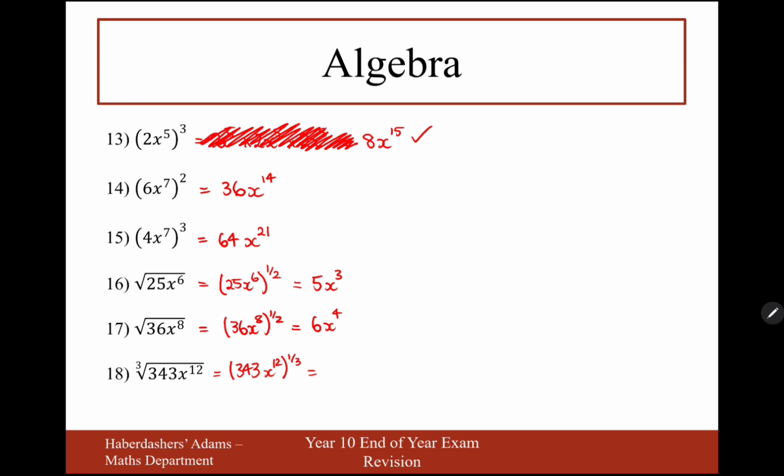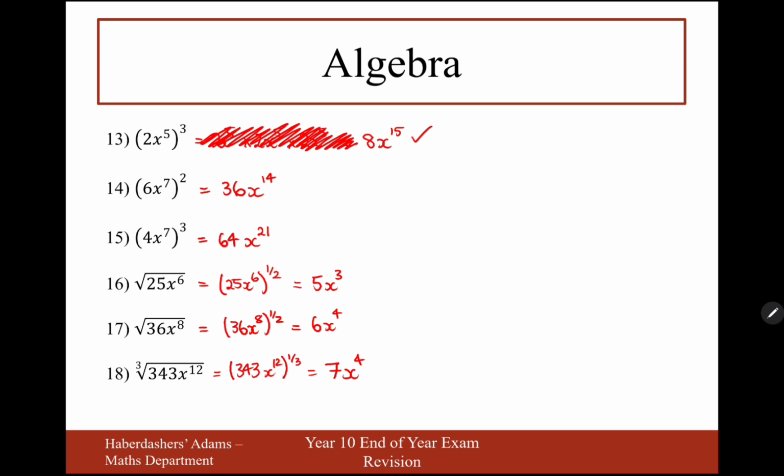And you might not know the cube root of 343, so you'll have to try some numbers. Try 2 cubed, try 3 cubed, try 4 cubed, 5 cubed, 6 cubed, 7 cubed, and 7 cubed gives you 343. So doing that process in reverse, 343 cube rooted is 7. And then you're multiplying the powers together, x to the 4.